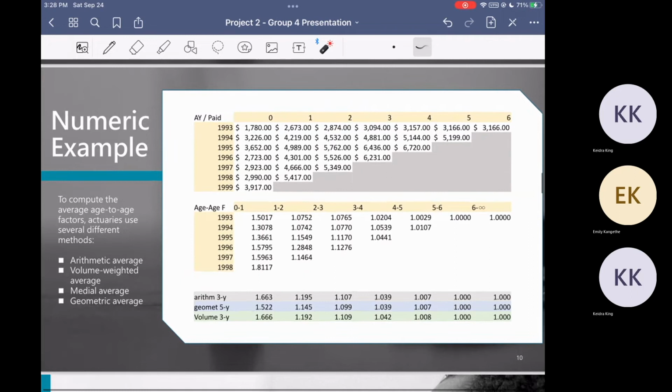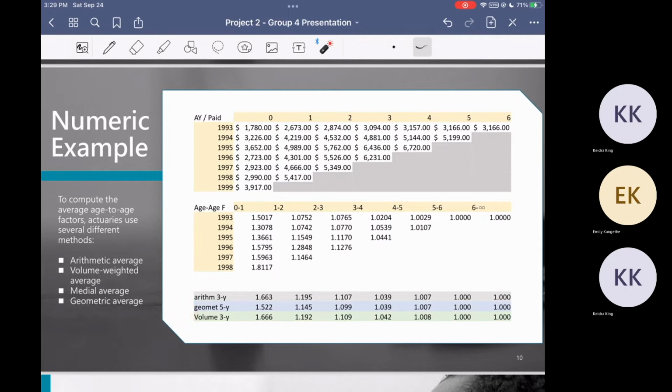So here's another example using our H-to-H factors. We can compute the average H-to-H factors down here, where actuaries use several different methods. Here we have the arithmetic method, the geometric method, and volume.